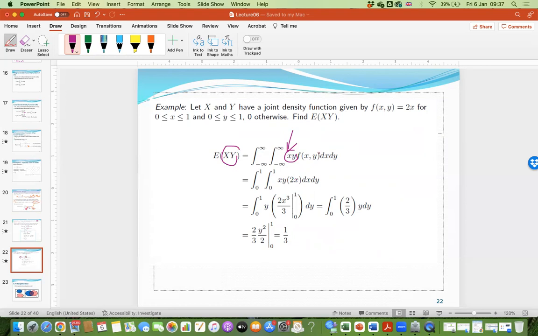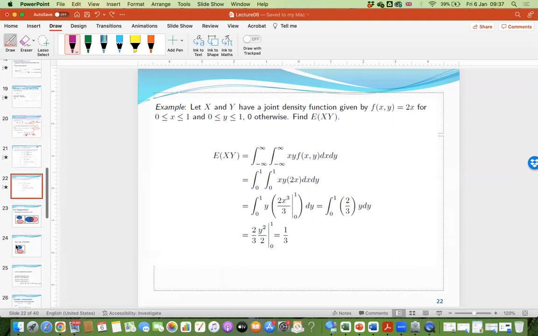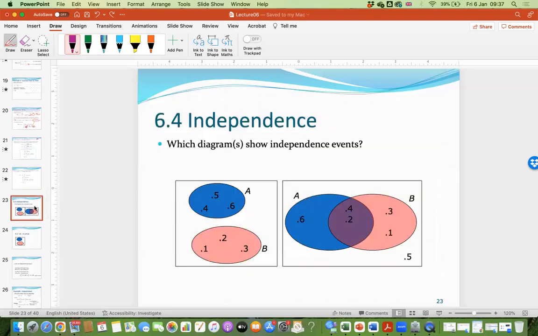Same thing, put your equation here, do the same integration. Your joint mean is 1/3. Try it out and check my answer.